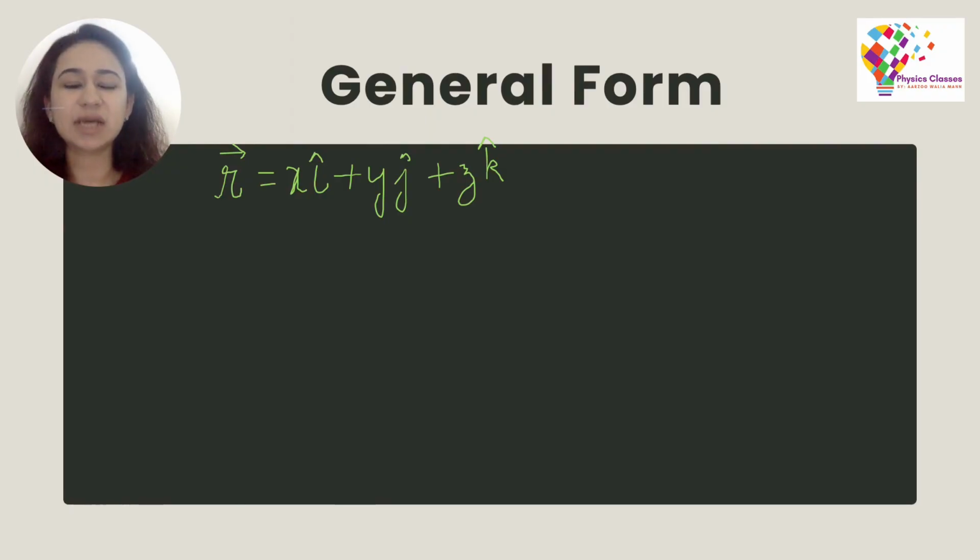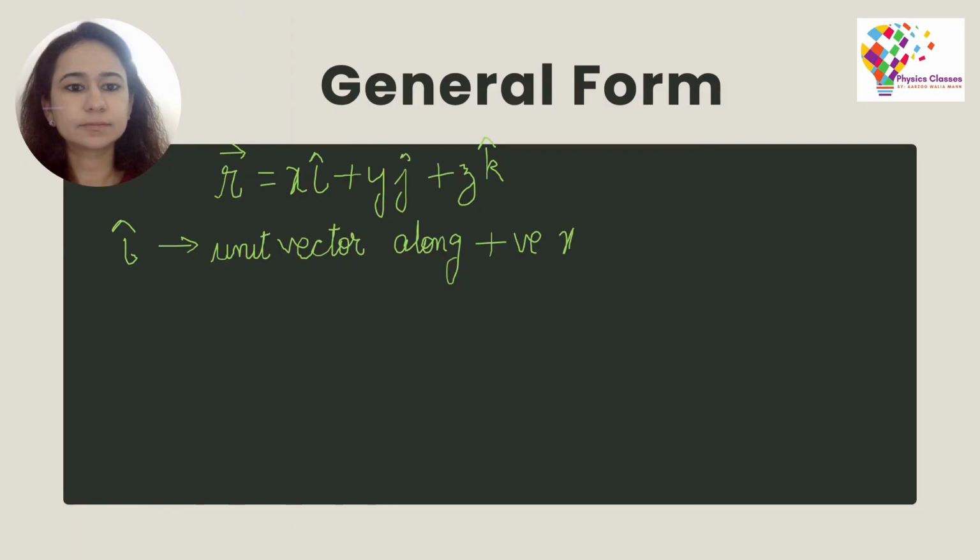Unit vectors only represent direction and do not give rise to any magnitude. Their magnitude by default is 1. So i cap is a unit vector along the positive x direction, j cap is a unit vector along the positive y direction, and k cap is a unit vector along the positive z direction.